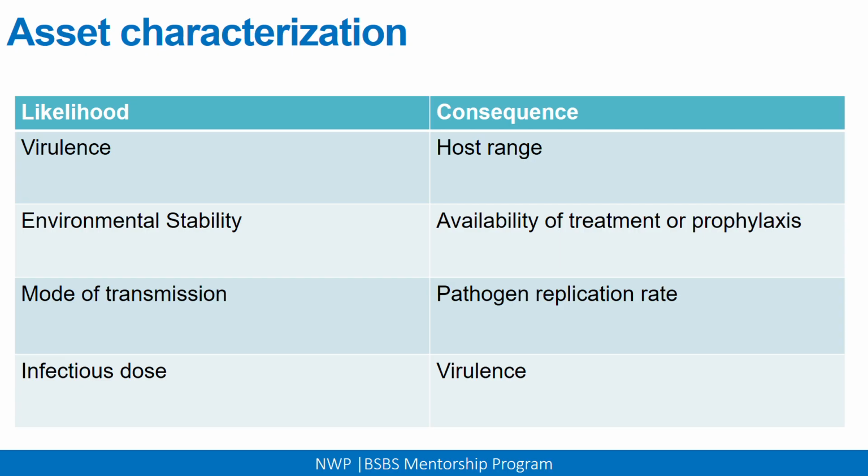If this agent has a wider host range, it means that it can spread very quickly, because you can get it by just coming into contact with animals, you can get it by coming into contact with plants. Therefore, if I'm an adversary and I'm a terrorist, I would rather get this one that has a wider range of hosts, because all I need to do maybe is to inject some pathogens into a head of cattle.